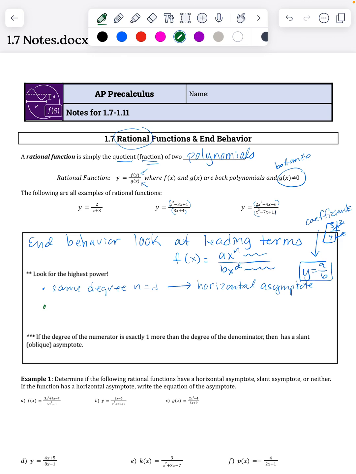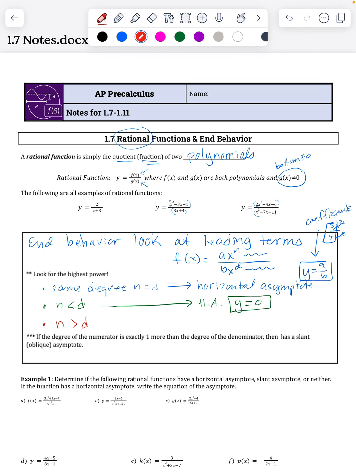My second scenario is that the degree of the top, n, is less than the bottom. In that case, you have a horizontal asymptote at y equals 0, because the bottom is getting bigger faster. And then our third option is that the top has a higher degree than the bottom.